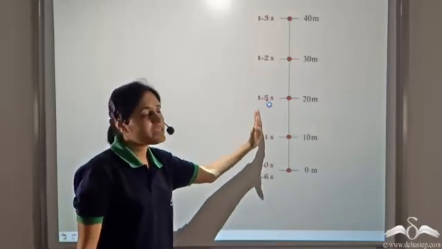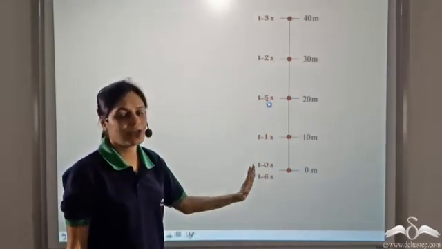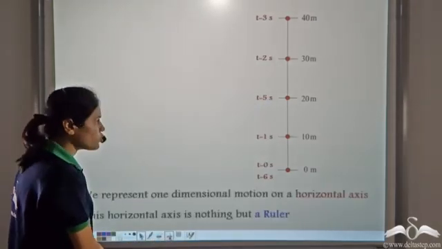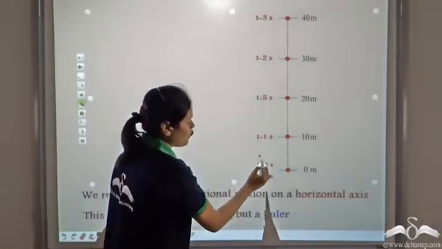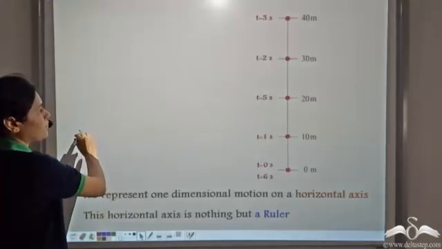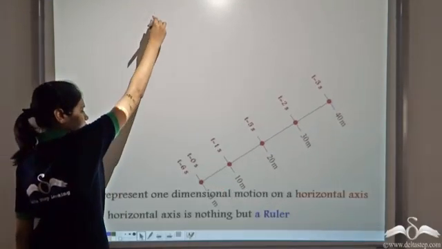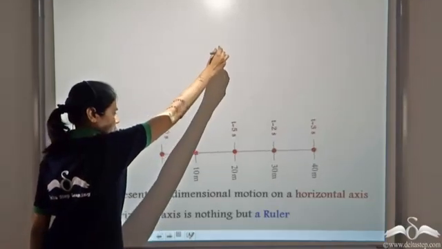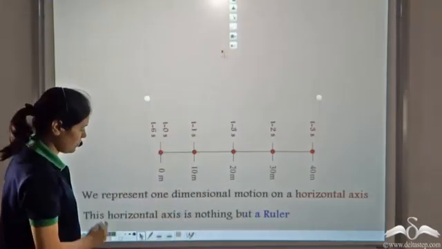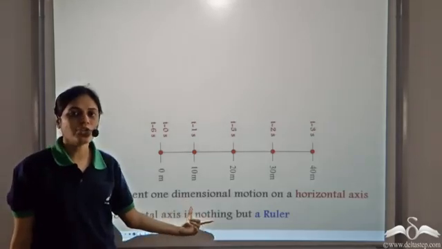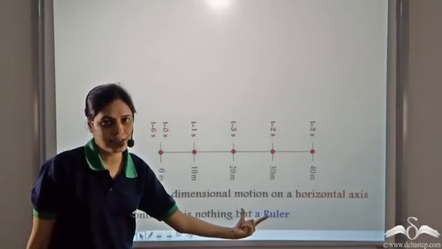However, representing motion in terms of a vertical axis is not very convenient. So what do we do? We take this axis and we tilt it. So we represent one-dimensional motion on a horizontal axis.